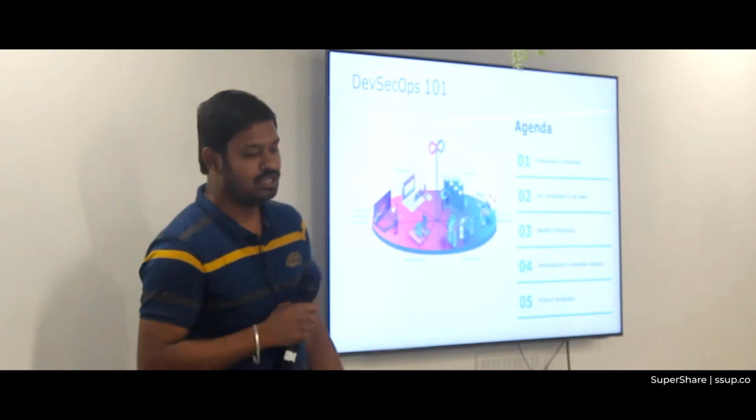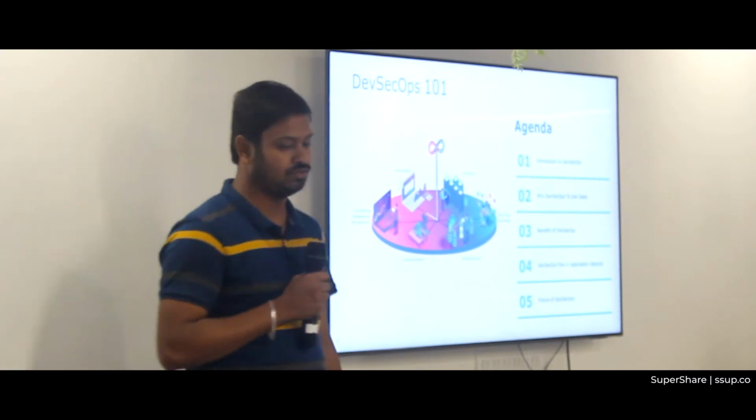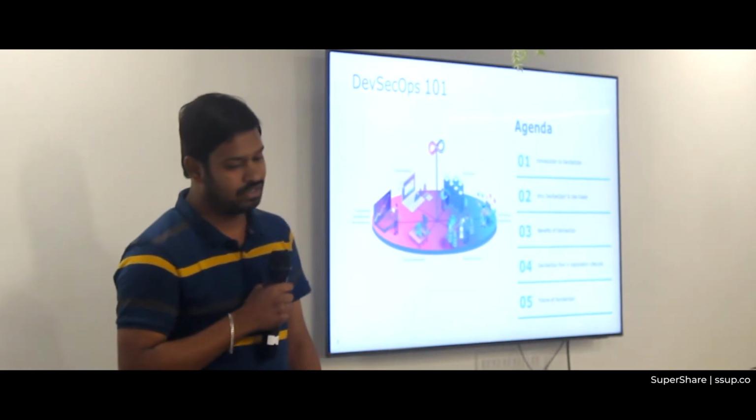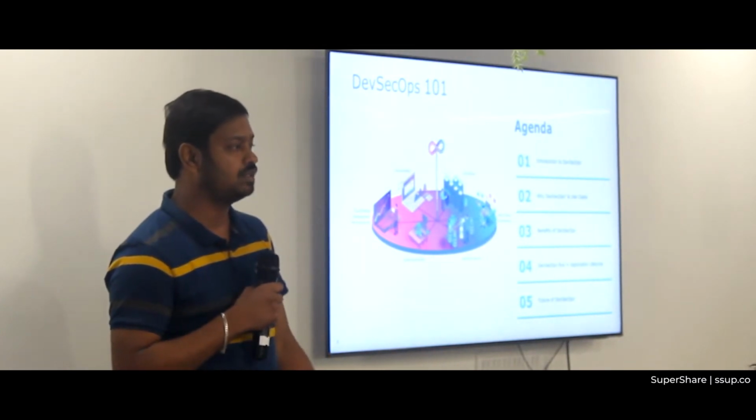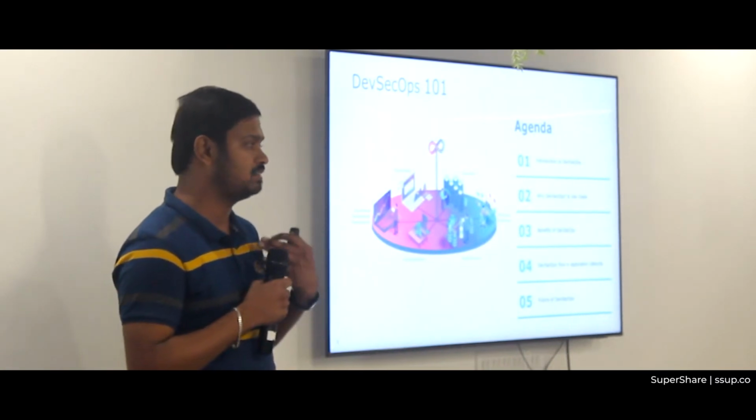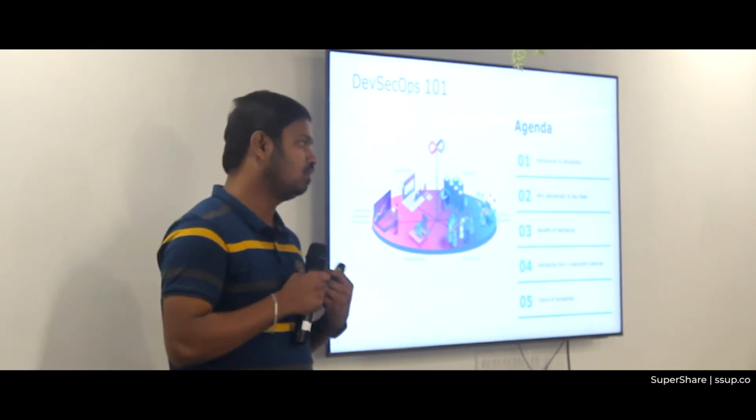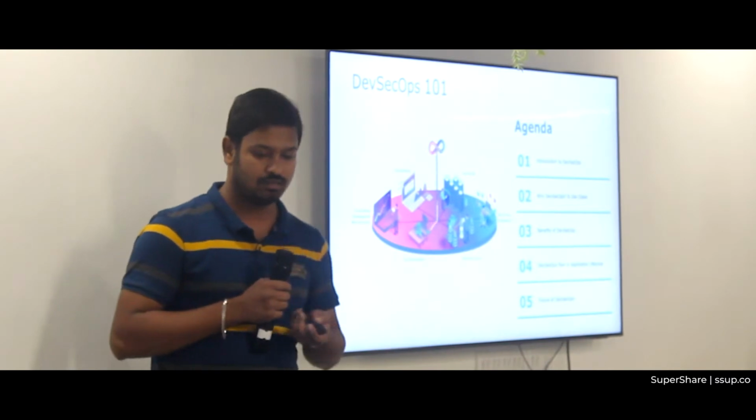So this is the agenda. We'll see what DevSecOps is, then why it is needed and some of the use cases, the industry-based practices, and what we would lose if we don't follow them.